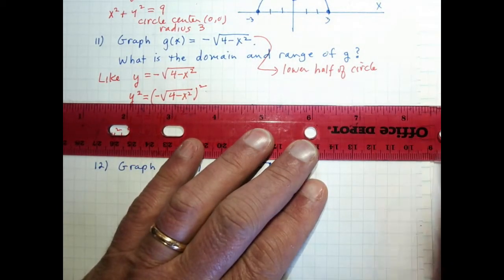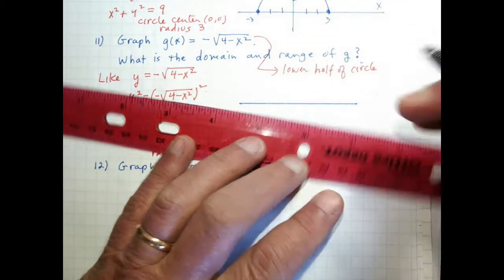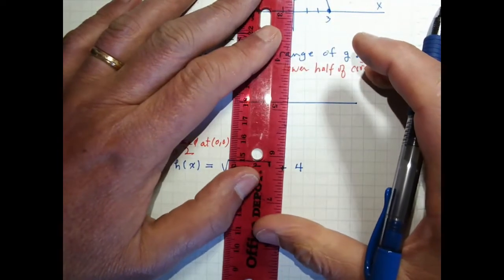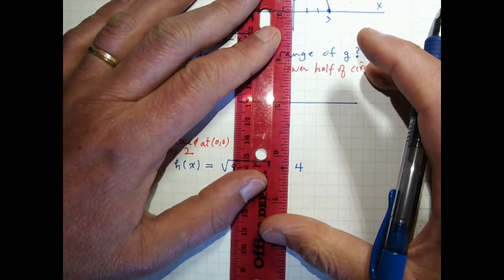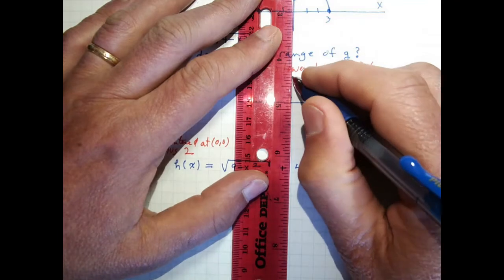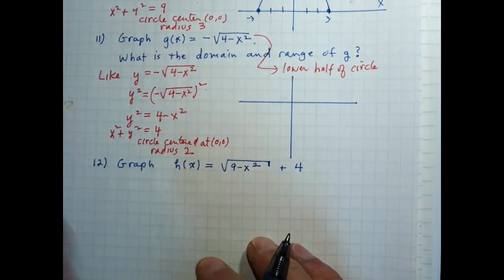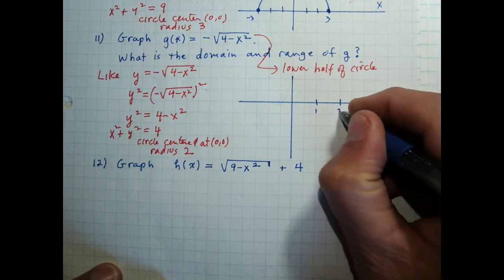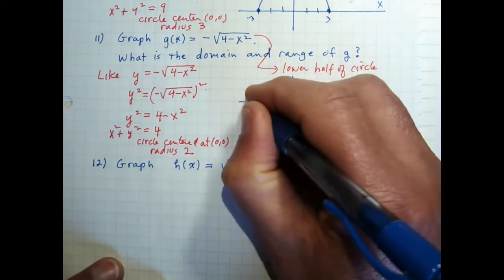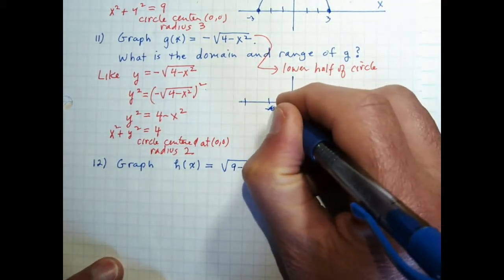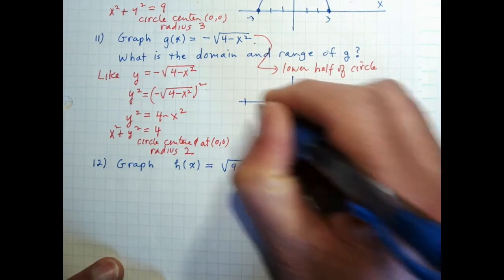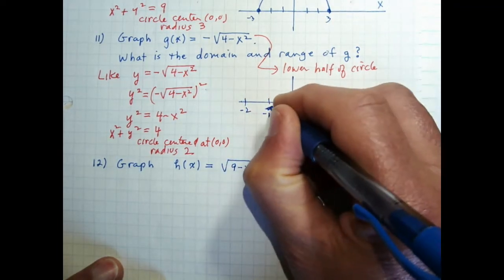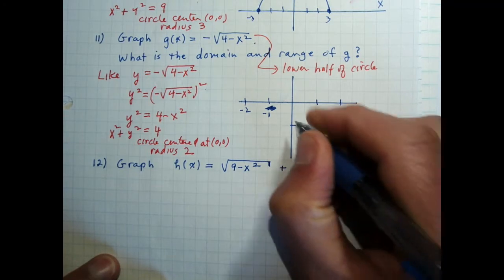So I'll draw my axes. X-axis a little high, so I've got room to reach below. And maybe I'll label negative 1, negative 2, so I'll make a scale of 2 squares a unit.